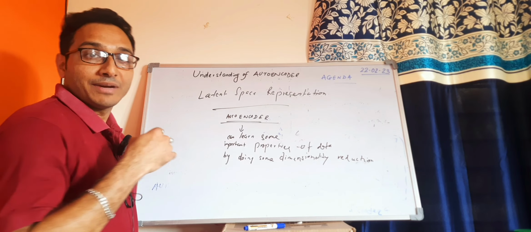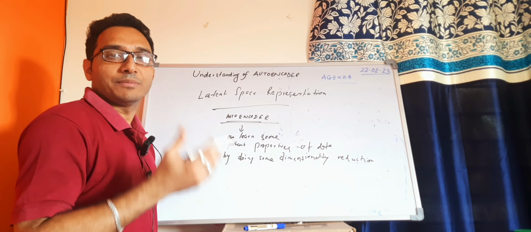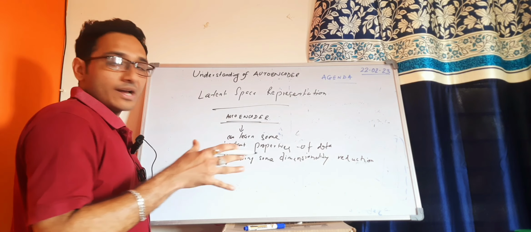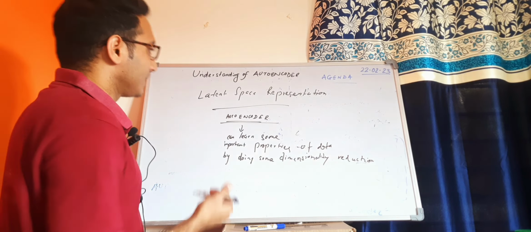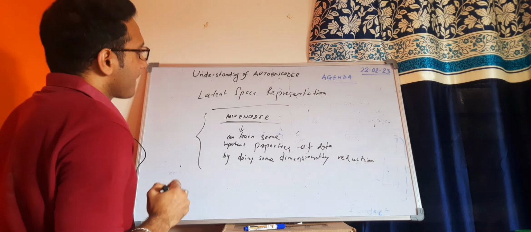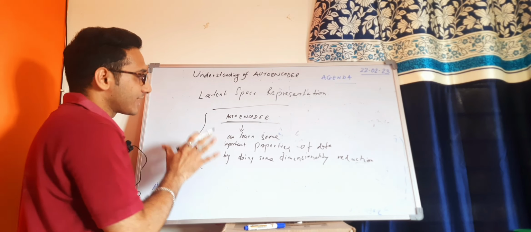By doing some dimensionality reduction means it is actually reducing the original input's dimension, and then it is reconstructing from the lower dimensional data to its original data, right? So this is the major crux of the autoencoder architecture.